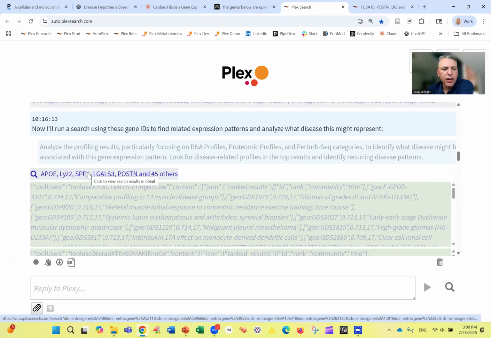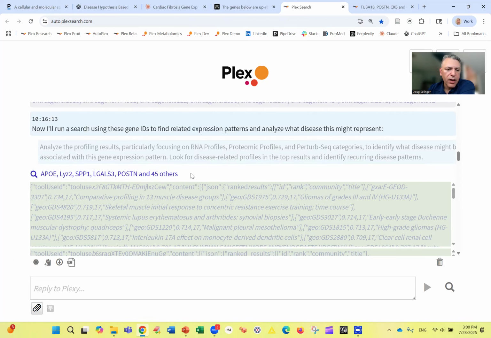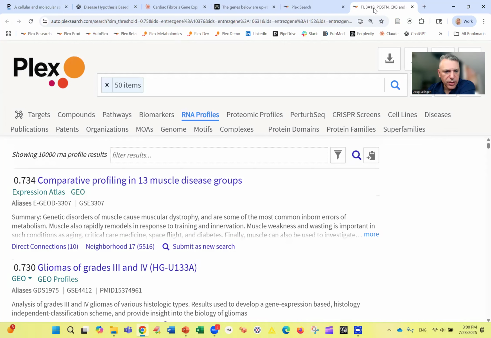The thing that we're doing that other models are not able to do: we're providing a unique tool. This is a search that takes this list of genes and searches lots of databases for similar profiles. And if you click on this, it launches that search, which I just did a little while ago.